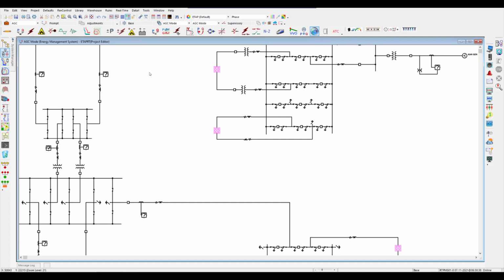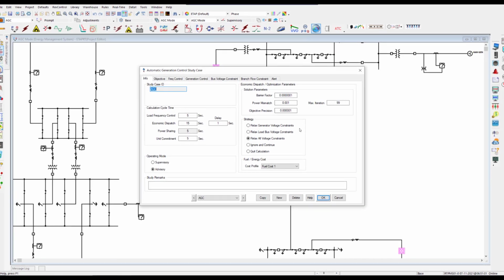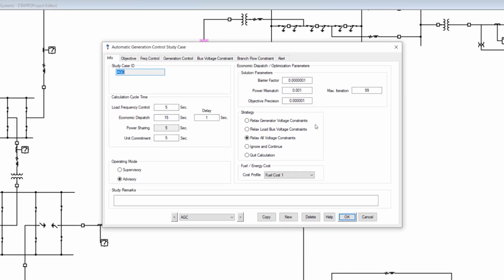And inside this particular presentation, which is a copy or a parallel of the presentation where the operator is looking at their monitoring values, we can switch this particular presentation into our real-time system, switch over into AGC mode, and then go ahead and start establishing the AGC control parameters, just like we did for OPF.